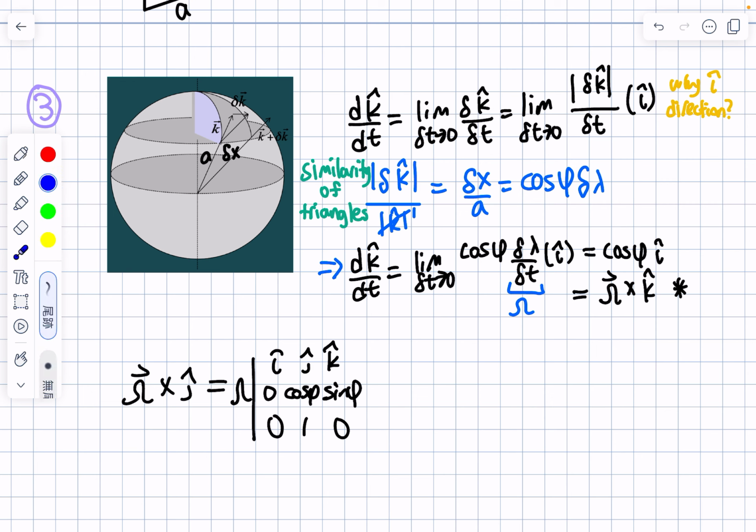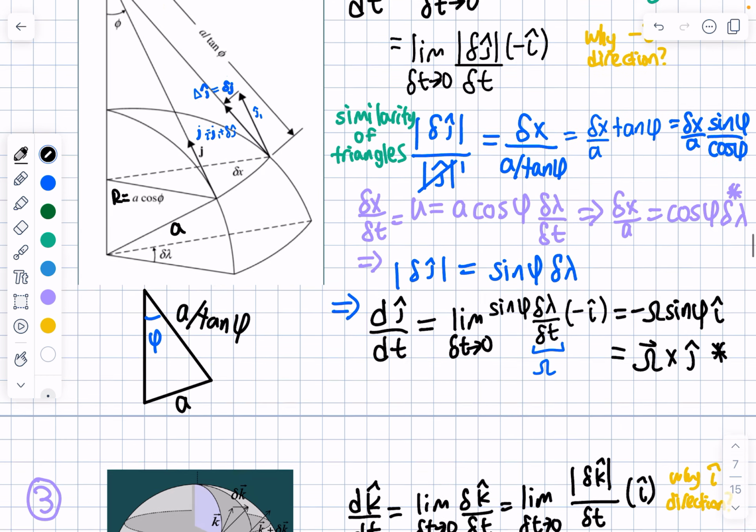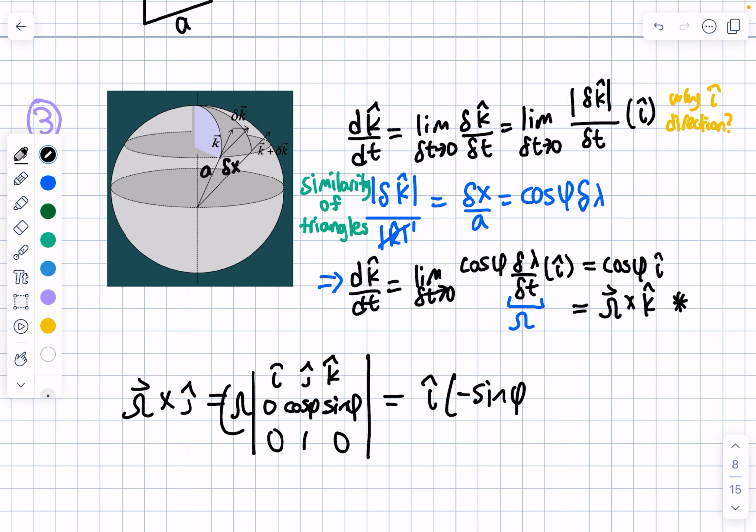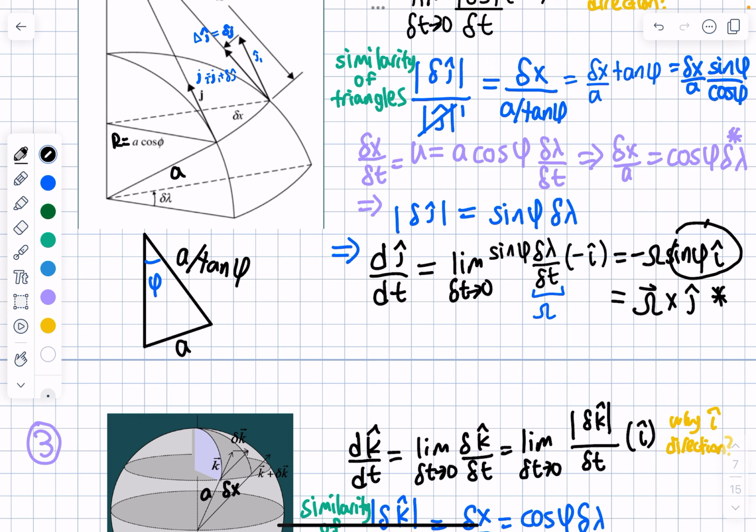So for j, it's 0 times 0 minus 0 times sine, so that's 0. And for k, it's a 0 in each multiplication, so it's 0. So the only thing left over is the i part, which is i times negative sine phi. And as you see, that's exactly what this is. And we forgot this part, so there's also an omega here. So you see that's exactly the same.